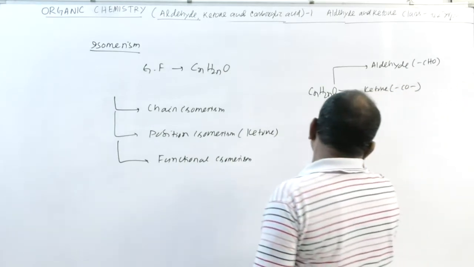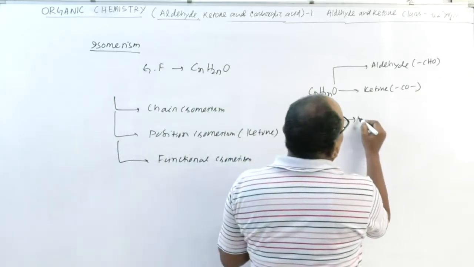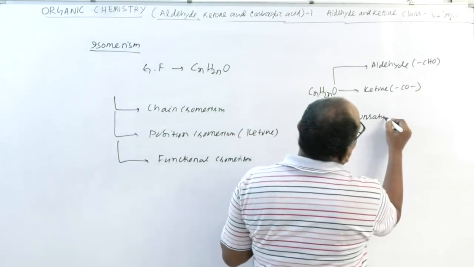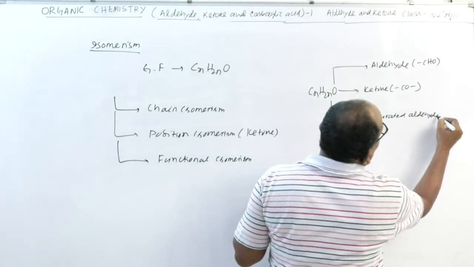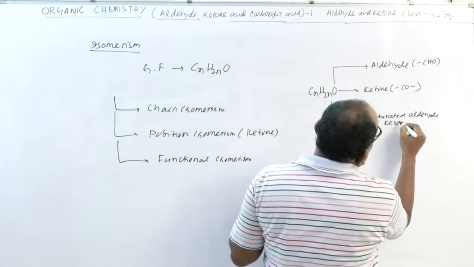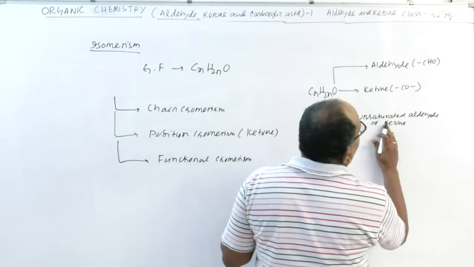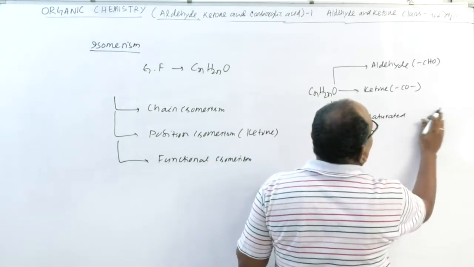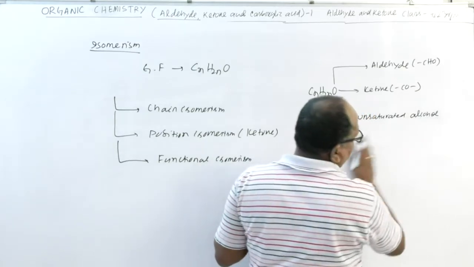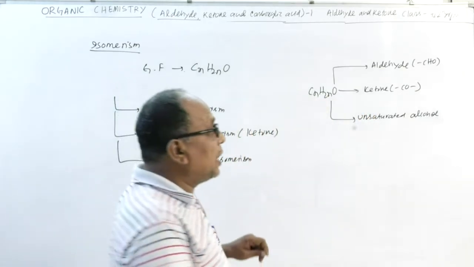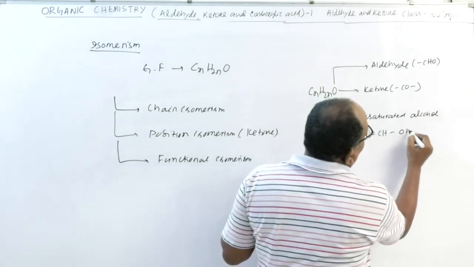Another functional isomer is an unsaturated alcohol. Unsaturated alcohol means the presence of a carbon-carbon double bond and an OH.